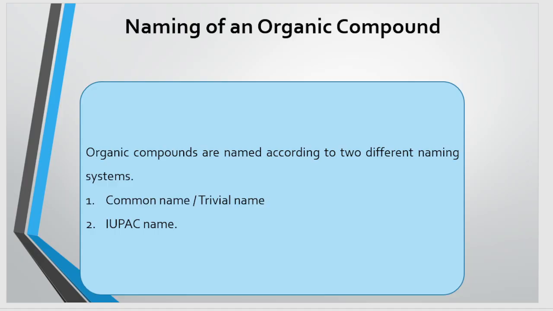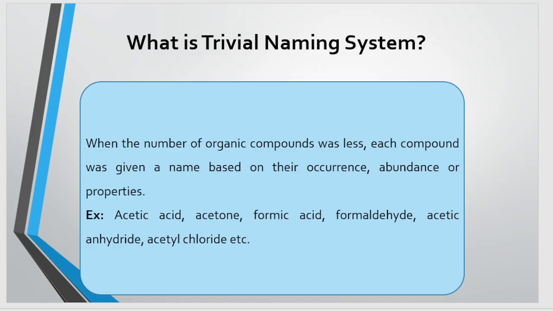Now, naming of organic compounds. There are two types of names. One is common name or trivial name. The other is IUPAC name. Here, in the trivial name system, when the number of organic compounds was less, each compound was given a name based on the occurrence, abundance, or the property.